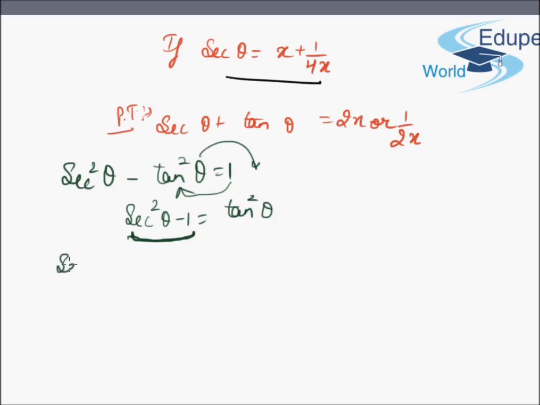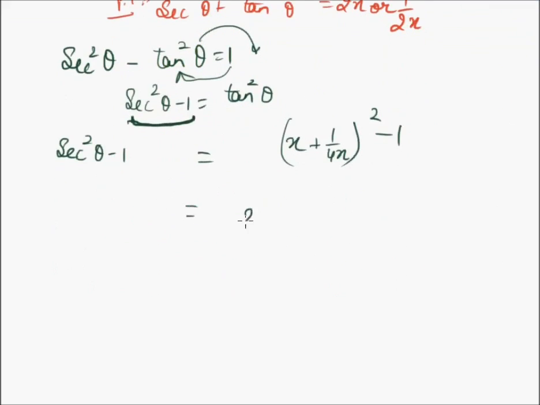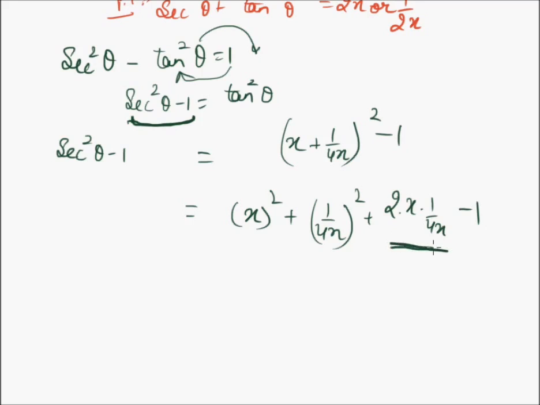So secant square theta minus 1 is (x plus 1 by 4x) whole square minus 1, which is x whole square plus (1 by 4x) whole square plus 2 into x into 1 by 4x minus 1. Now if we simplify this part, 2 into x into 1 by 4x, x gets cancelled, 2 cancels 4 and leaves 2, so 1 by 2. So in other words, in this case 2ab is 1 by 2.